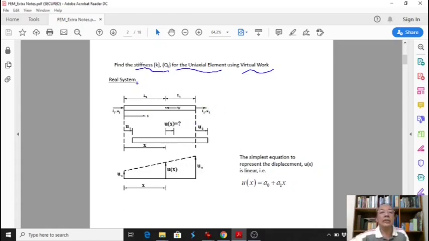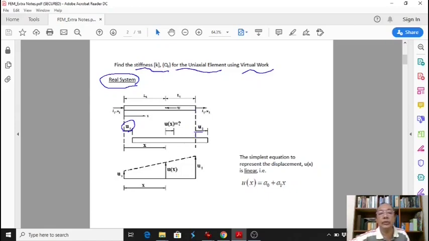Okay, so first we consider the real system. After we apply the loads F1 and F2, the bar will displace by U1 at this end and by U2 at the other end.